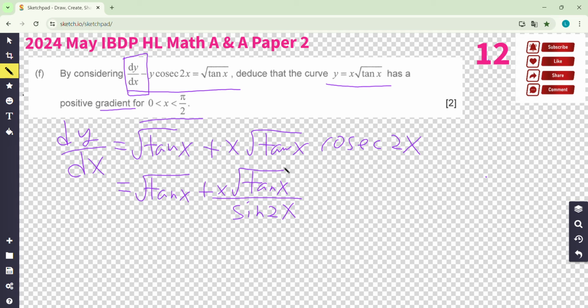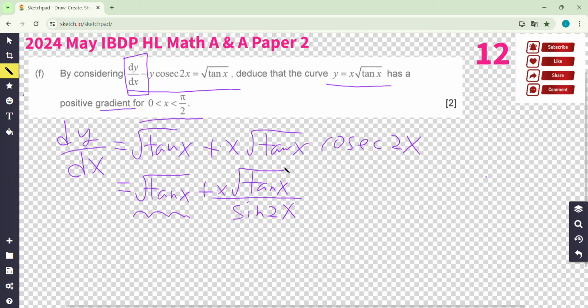So look at here, positive. Square root of tangent x must be positive, right? And x is positive. And how about sine 2x? Yes, 2x is from 0 to pi. Sine from 0 to pi is still positive.